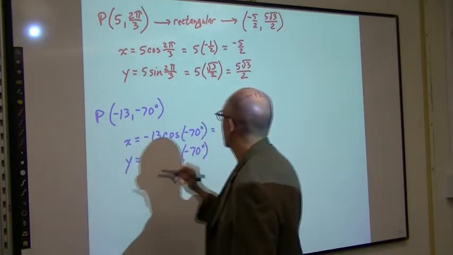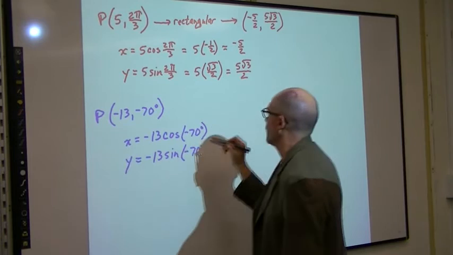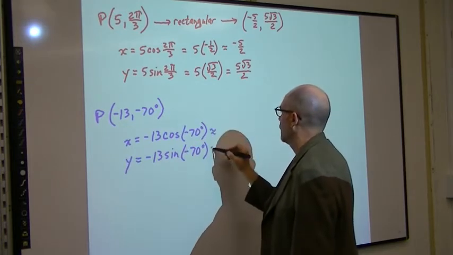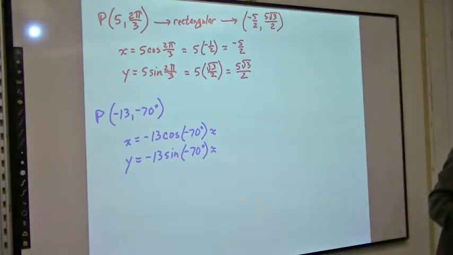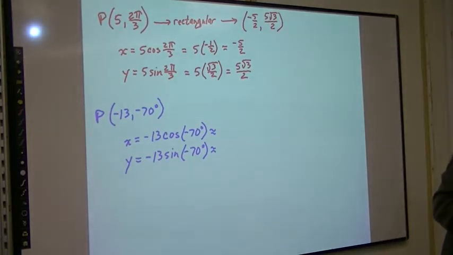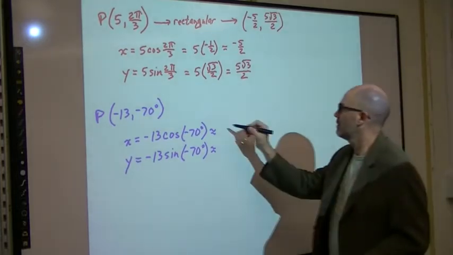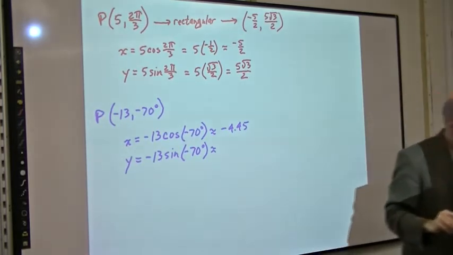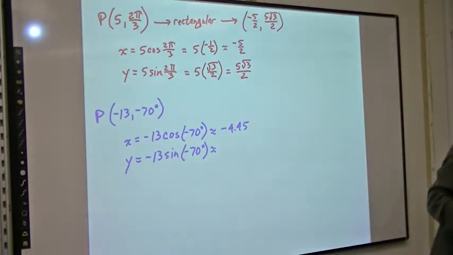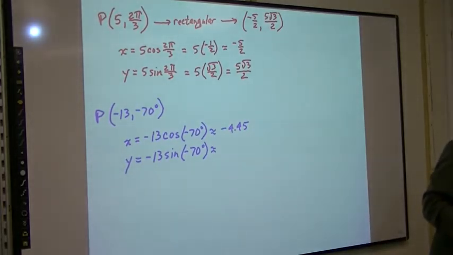So, clearly we don't know sine or cosine of 70 degrees. So we punch that puppy out in our calculators, and we end up with x equals negative 4.45 and y equals positive 12.22.